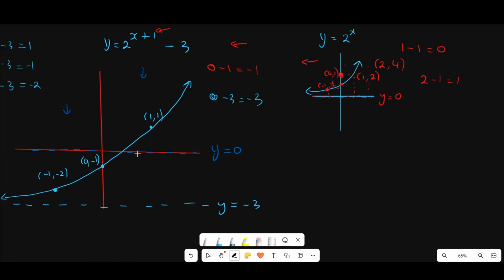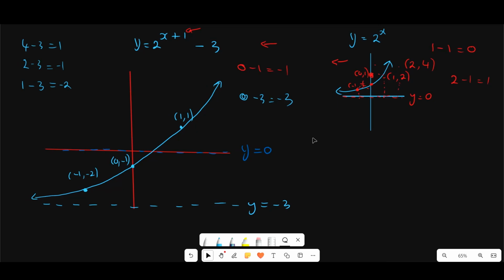Okay, so this is my function here, my complete function. You can see how I analyze this function. I can remove this one too because we are done with it. These asymptotes.